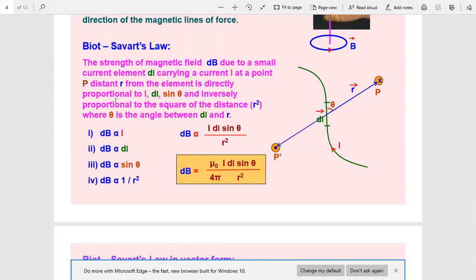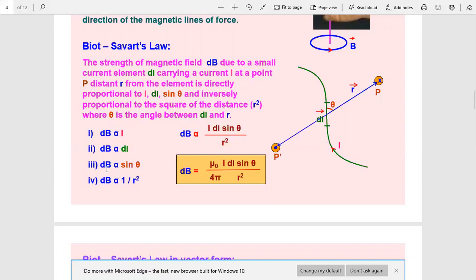So mathematically, Biot-Savart law is stated as: the magnetic field dB due to an elementary part of the current carrying conductor is directly proportional to current I. Second, dB is directly proportional to the elementary length of the conductor dl.